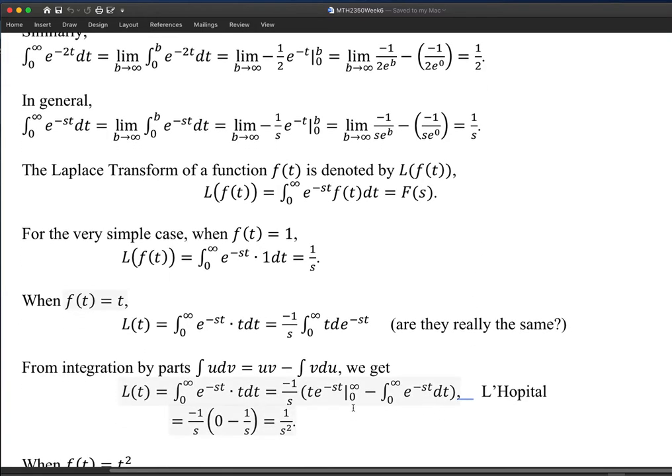Also, the interesting part is this thing here, t times e to the negative st. Again, you may want to consider this as t over e to the positive power. If you convince yourself, certainly when t is replaced with 0, the term approaches 0.